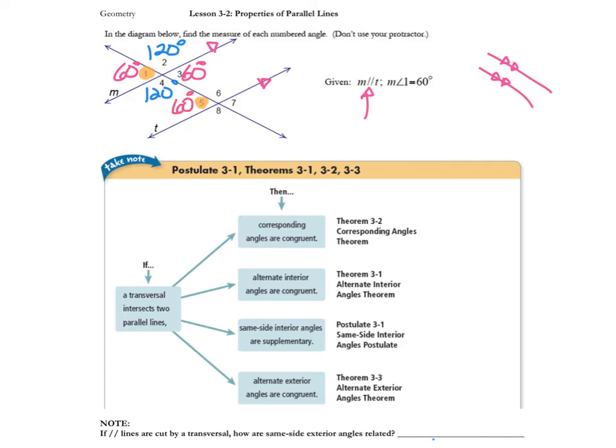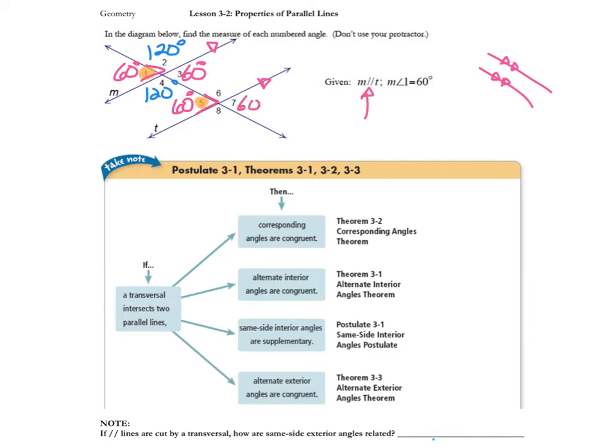Your book does not use corresponding angles as the postulate. It uses same side interior to be the postulate. But basically, you have to have some basic assumptions that you can then use to develop and prove other things. So if we assumed that these corresponding angles were congruent, which completely makes sense, that if the lines are parallel, the transversal would cut them at the same angle, then we could also work our way around the bottom.